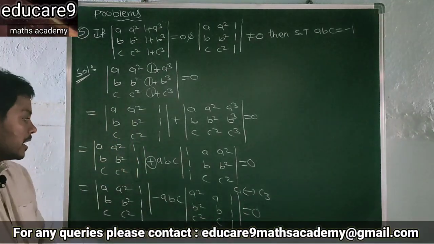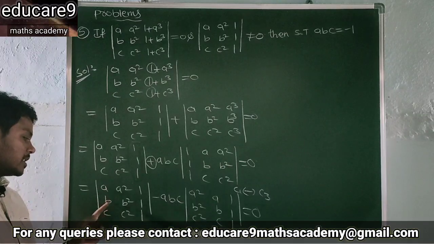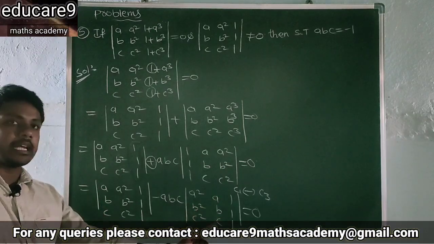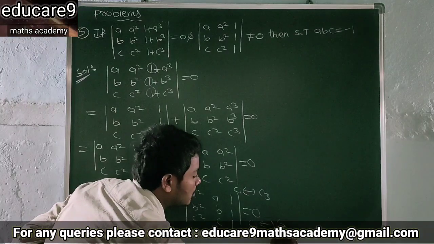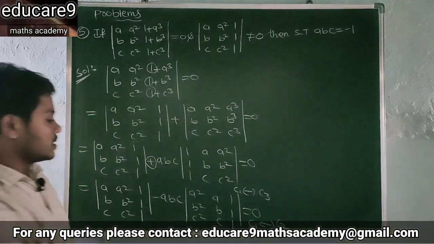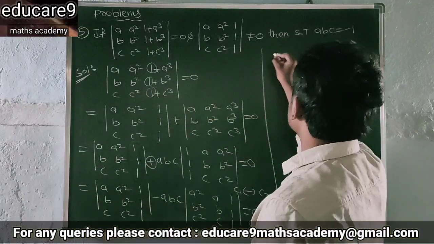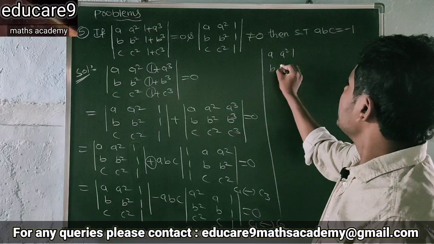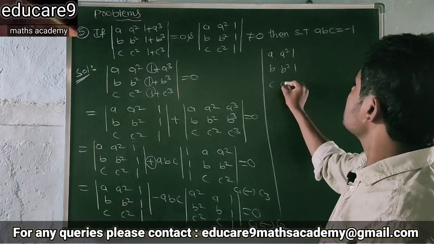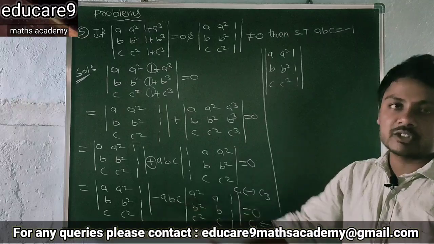Again here the first column is abc, but here in the second column. So again interchange C1 and C2. So this becomes a square 1, b square 1, c square 1. So again the sign of the determinant also changes.